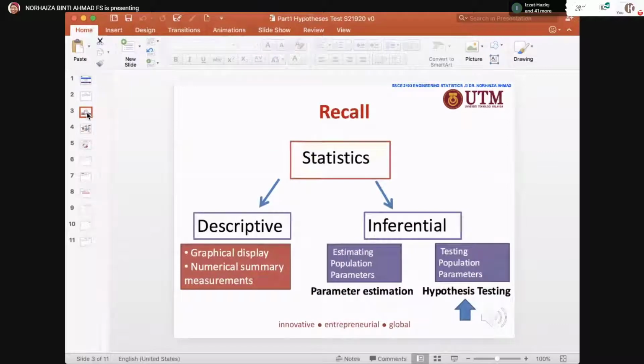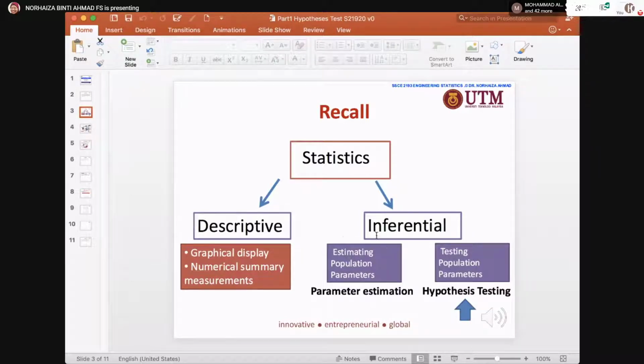What we did in the third chapter is to estimate the population parameter. That means you want to calculate the possible values of your population parameters. For this, you use either a point estimate or a confidence interval.